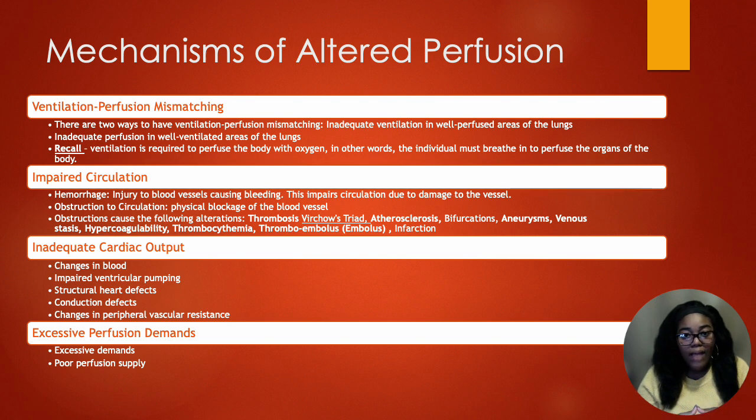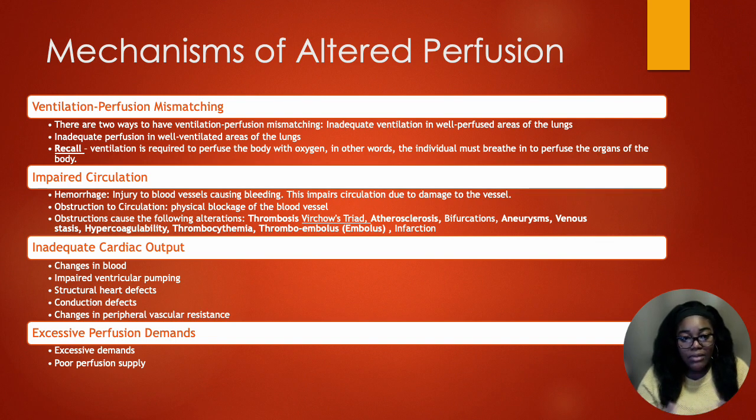And when you have Virchow's triad, this is where you see a lot of your impaired circulation issues. In order for you to get a thrombosis, these are things that normally happen that lead to thrombosis in the body, or clots. So you could have vessel wall damage. You can have excessive clotting factors or excessive clotting, or you can have alterations in blood flow, such as too much blood flow or very slow blood flow.